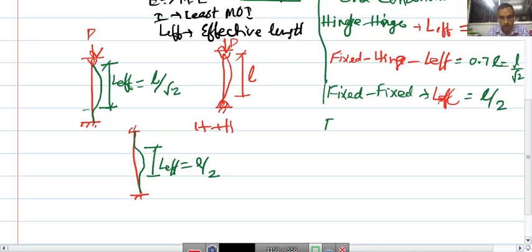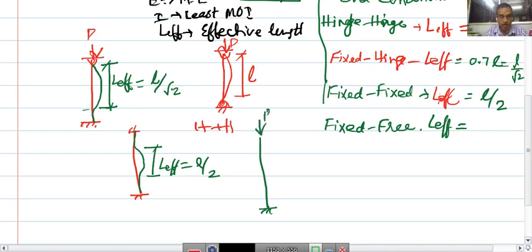The next one is your fixed free column. So, for that L effective will be, I have a column which is fixed here. I am just applying load P, which is free here. This is like the example of a water tank on the top, right. So, what happens?